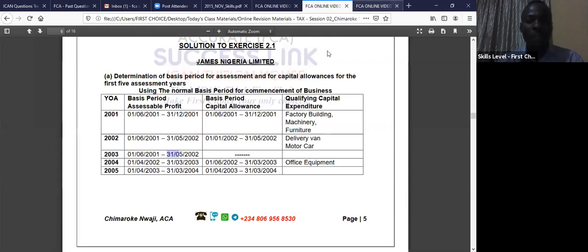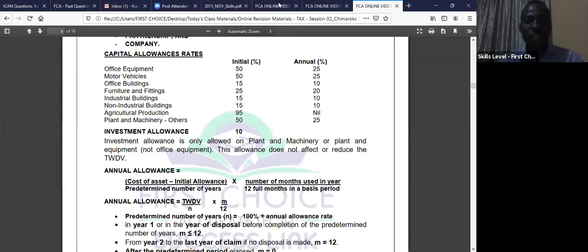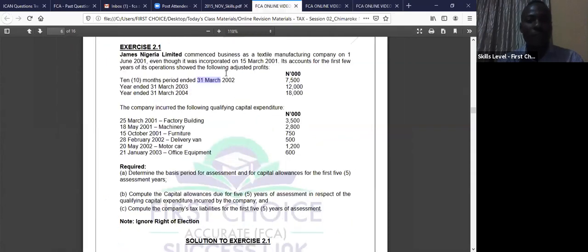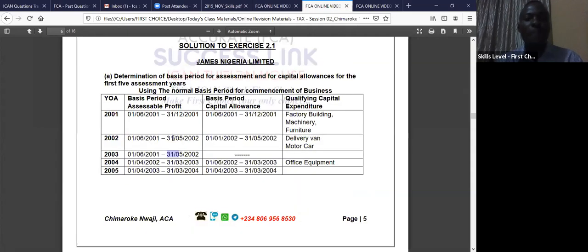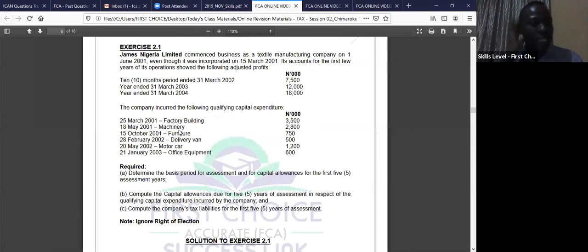If you put 31st March, that means it will need to start from April 1 to 31st March. So from April 1, 2001 to 31st March 2002. On April 1, the business is not in place.